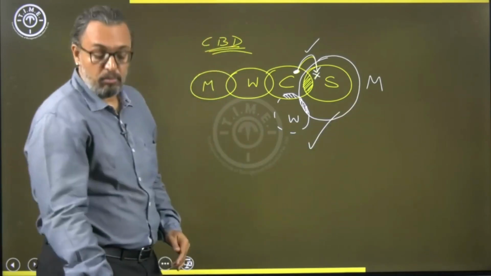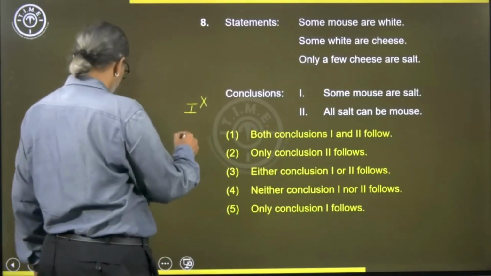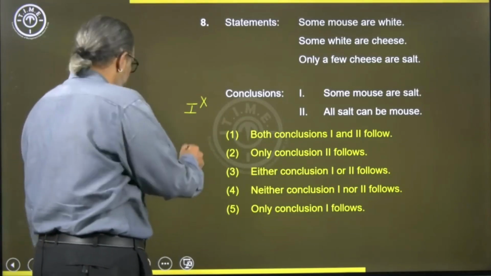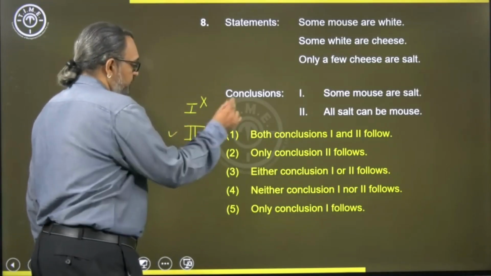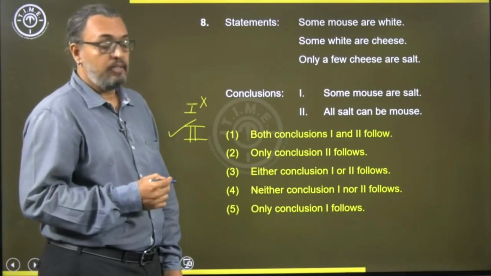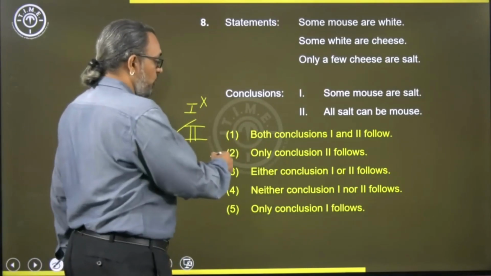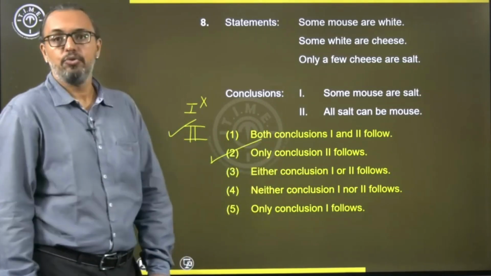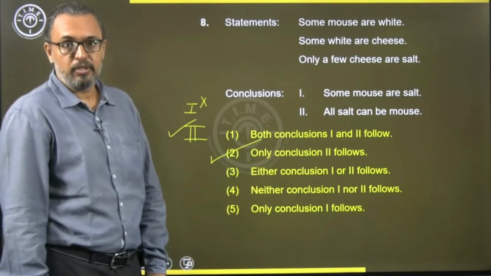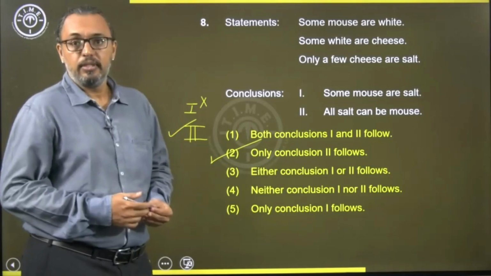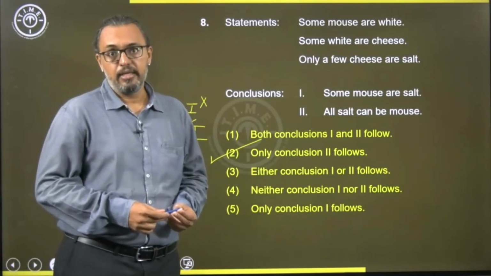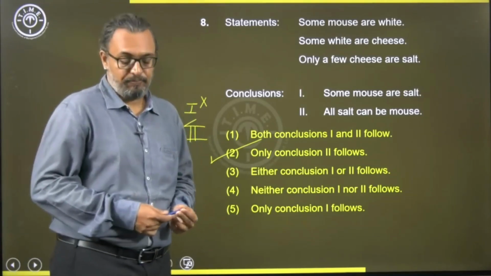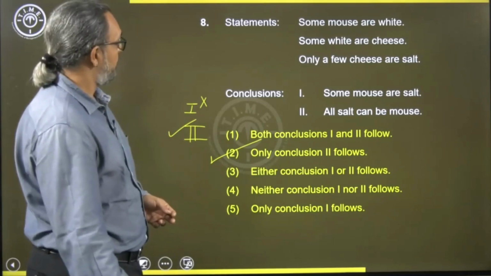Definitely it is possible. So conclusion 2 definitely is possible. So only 2 follows. That is there in choice 2. Only 2 follows. Understood that? So that is how the deductions are to be analyzed and done. Okay? Right.